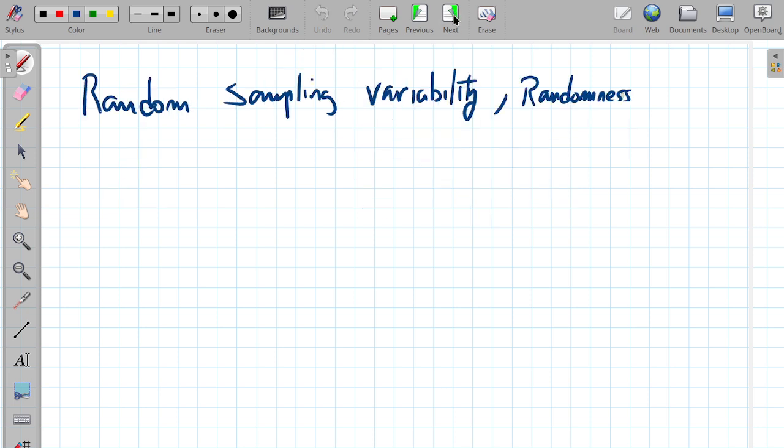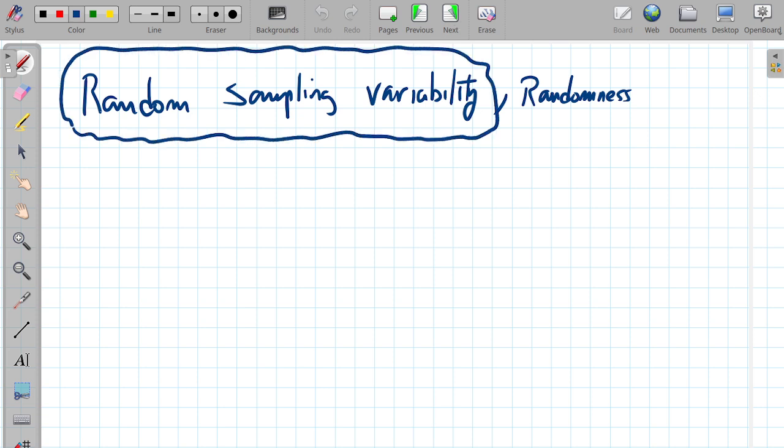Random sampling variability. I hinted at what I usually mean, well, what I always mean when I use this phrase. It's my own personal phrase describing luck. You cannot escape luck or chance when you do statistics, because of this, randomness.